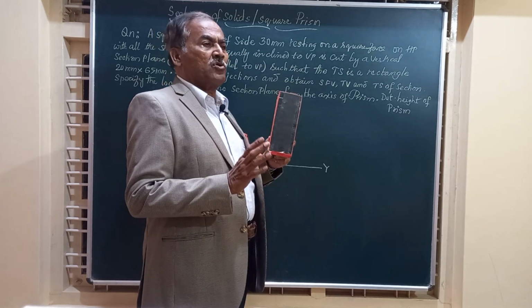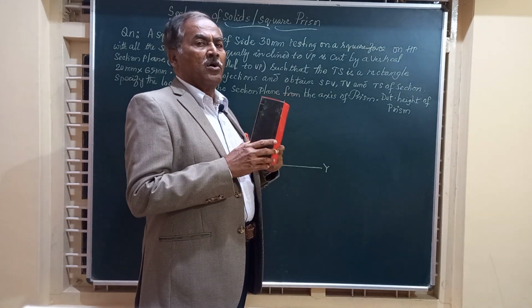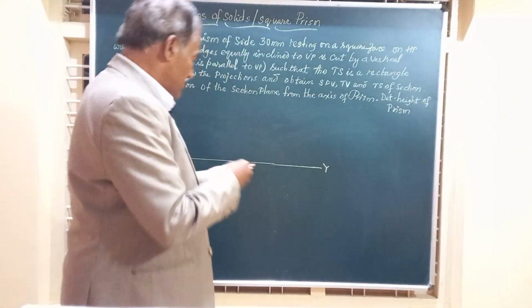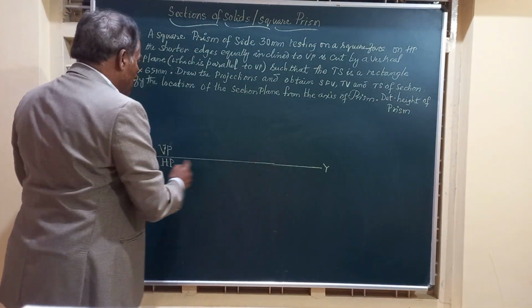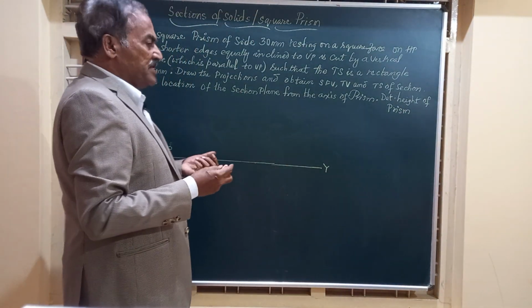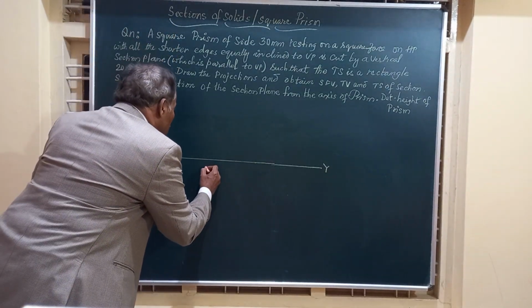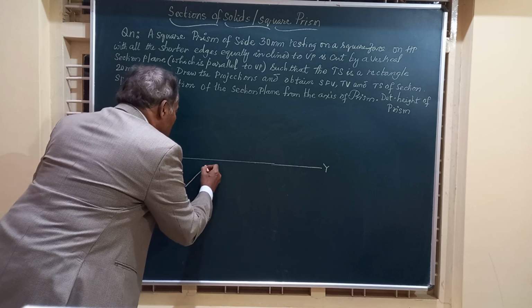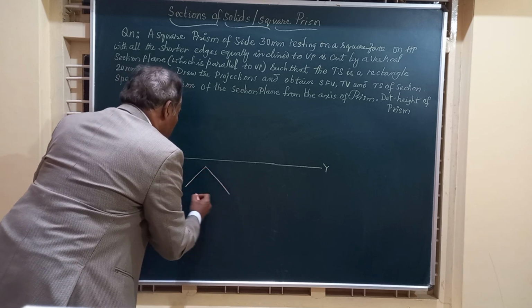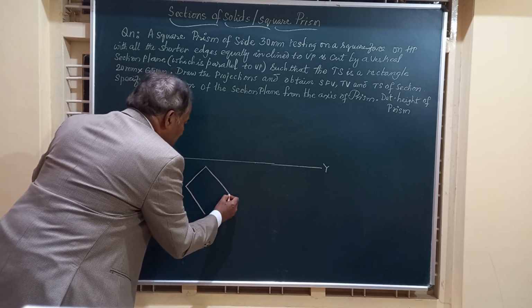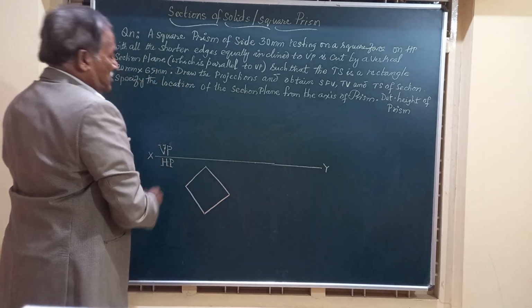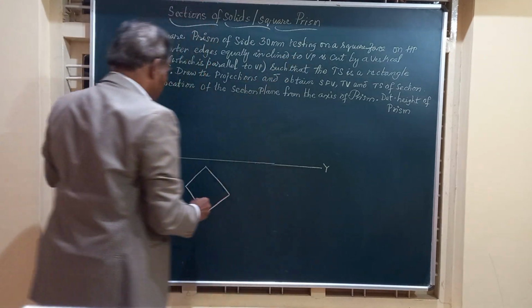So friends, let us start with the top view of this prism. So we will mark this XY line, mark VP and HP, indicating first angle projection. And now friends, we will construct a square of side equal to 30 millimeter.